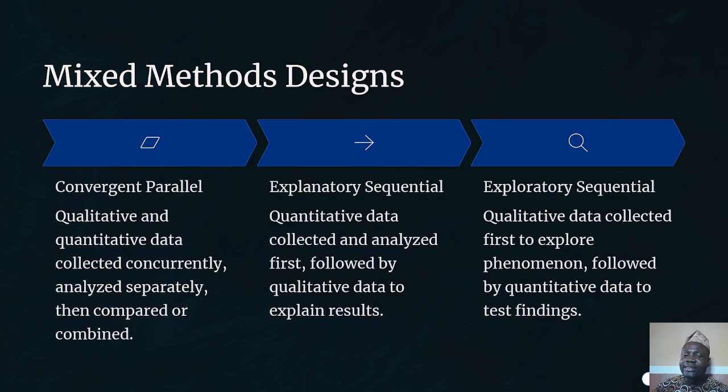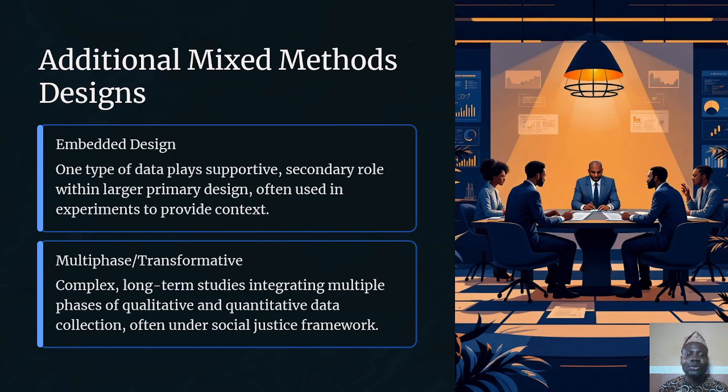In this case, the qualitative data is collected first to explore the phenomenon, followed by quantitative data to test findings. There is no instrument development that does not involve this exploratory sequential approach, because some interviews and some focus group discussions inform the final instrument that is developed quantitatively and finally used to collect the data.